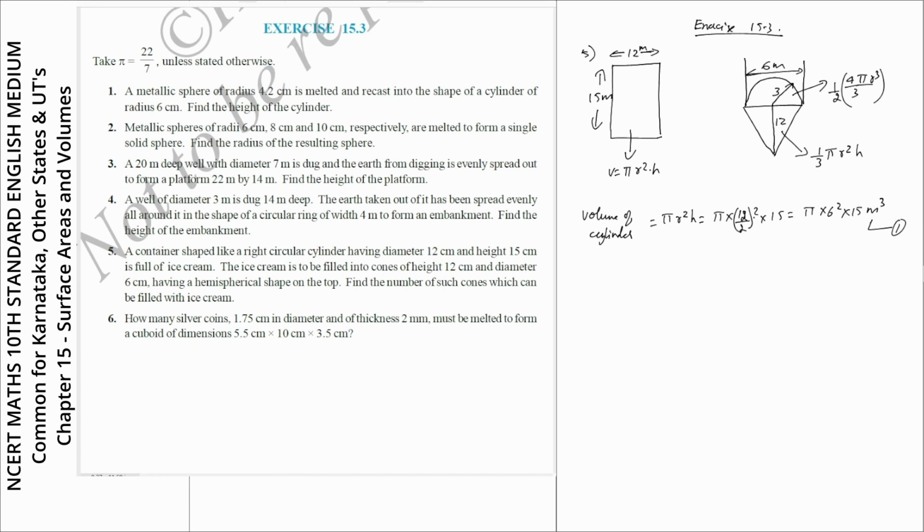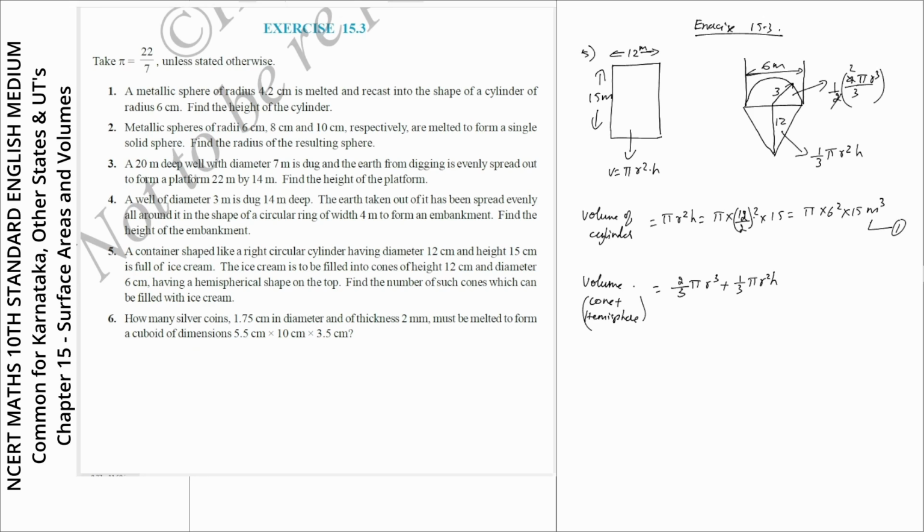Now what is the volume of cone plus hemisphere? The volume of the hemisphere is half of 4 pi r cube by 3. So 2 1s are 2, 2 2s are 4, so 2 by 3 pi r cube will be the volume of the hemisphere, plus the volume of the cone, which is 1 by 3 pi r square into h.